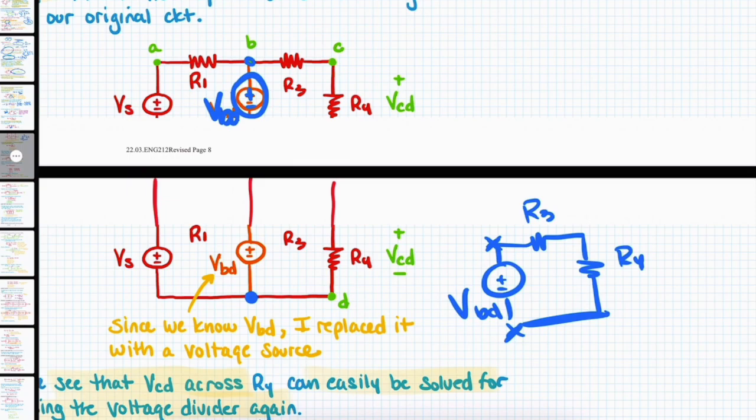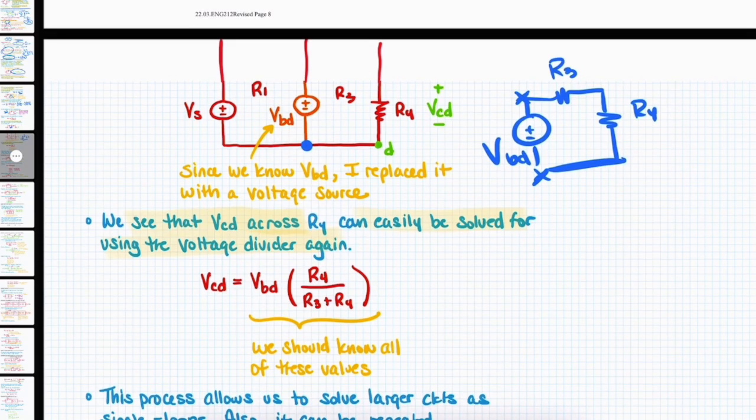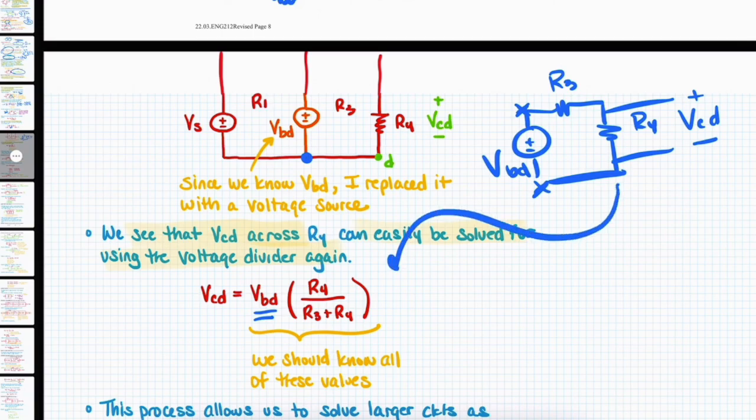So VCD, which is the voltage across R4, will be equal to the source going into it, which in this case is VBD, times R4 over R3 plus R4. We're just taking that voltage divider and using it down there.